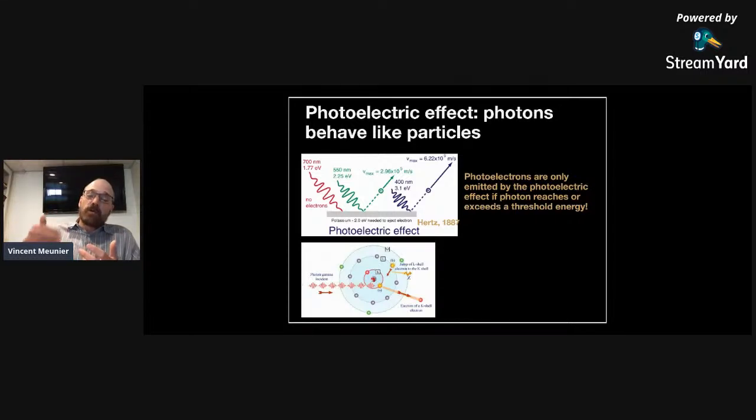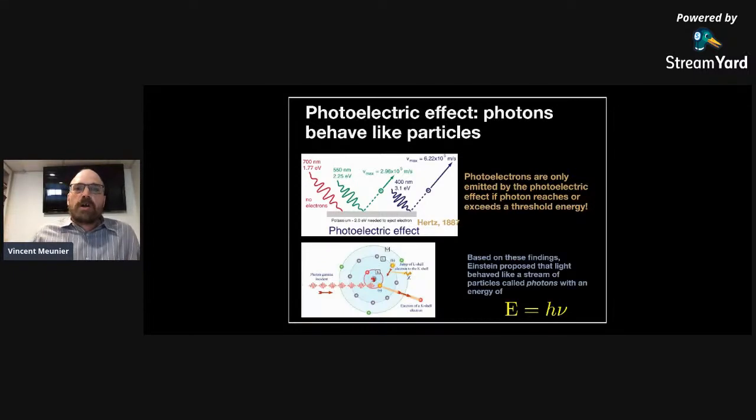It's not the number of impacts you have that matters, but the energy of the impact. And so the photoelectric effect demonstrated that electrons, those electrons that we start to not understand anymore, occupy very clear quantum states and cannot occupy a continuum of energy states. They are quantized. So that was one of the first demonstrations, with the photoelectric effect, that the energy is quantized for the electrons that live in a material.